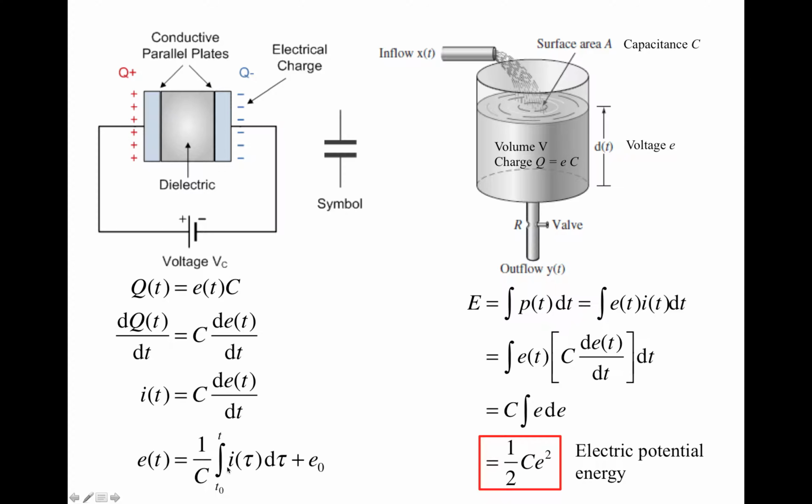So this integral equation also has quite a significant meaning. How do we understand it? This equation tells us that for a capacitor, the voltage across it depends upon the history of the current flowing through it.